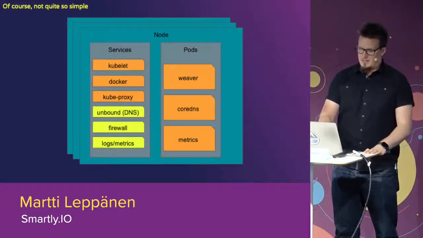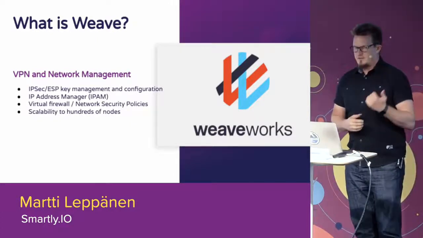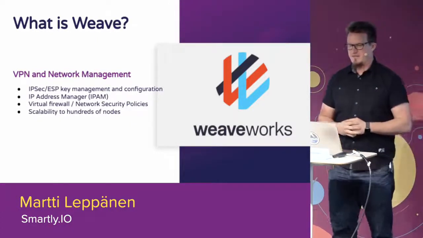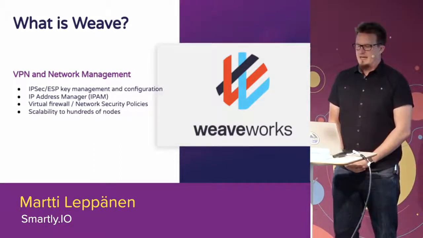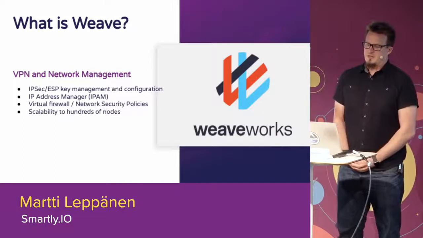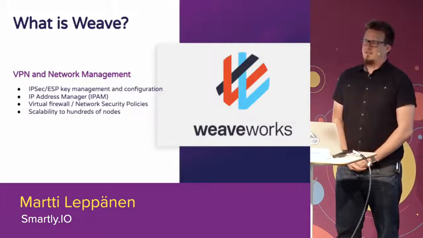All right, let's continue to what is Weave. I described earlier that we have this encrypted network between nodes, and we are using Weave, and we've been using Weave for quite a while. On paper, it's a very, very nice system.